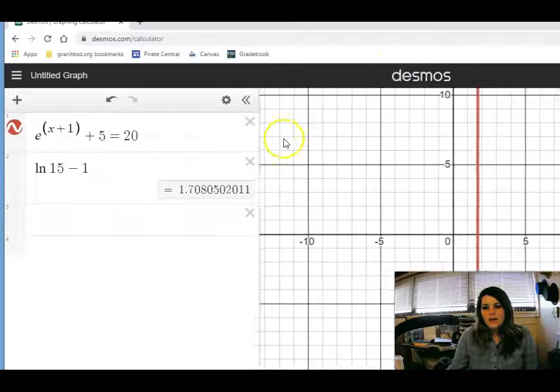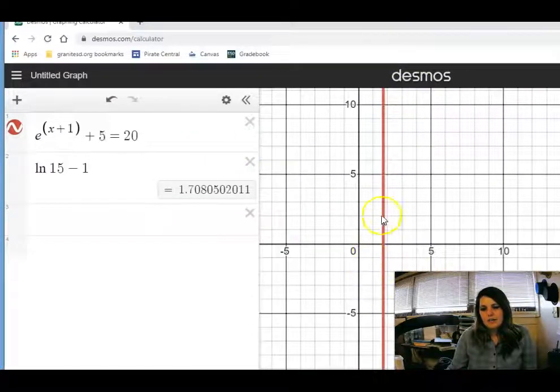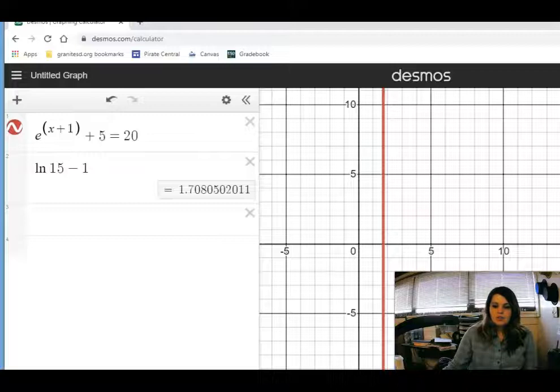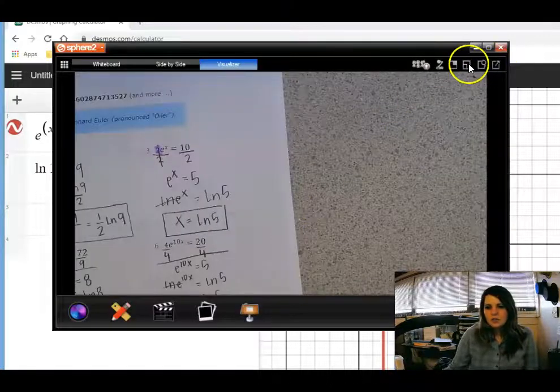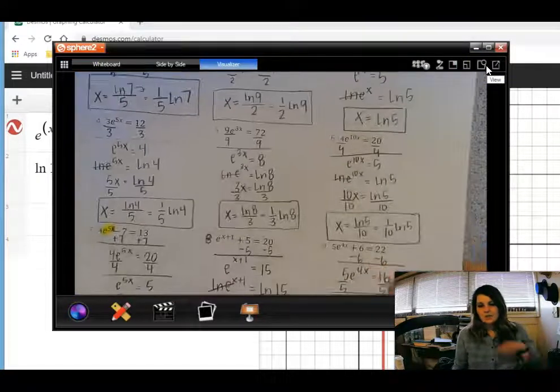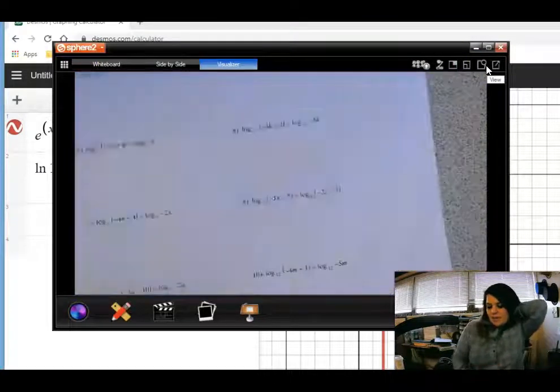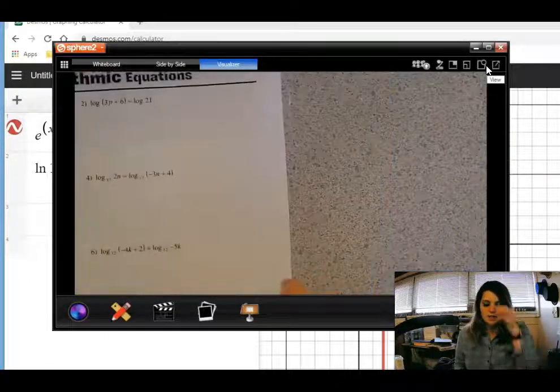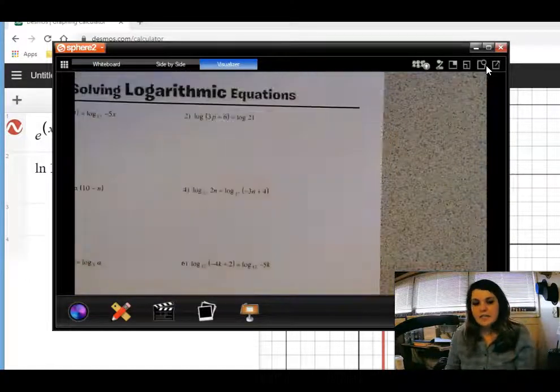And if I go back now to my graph and look at that, I can see that that does look around 1.7. So for these solving exponential equations ones, not so useful because all of these are going to be decimal answers. But on the next page where it's asking us to solve logarithmic equations, this is much more helpful.